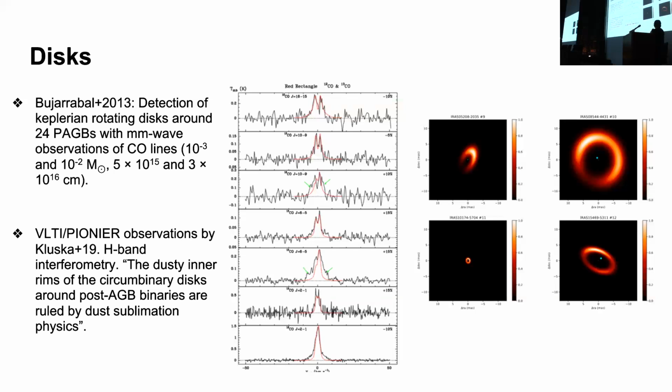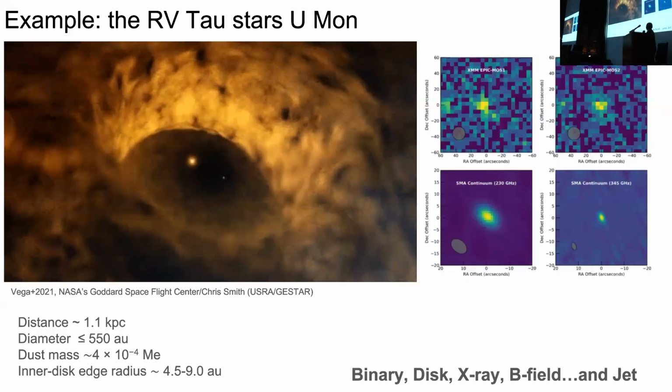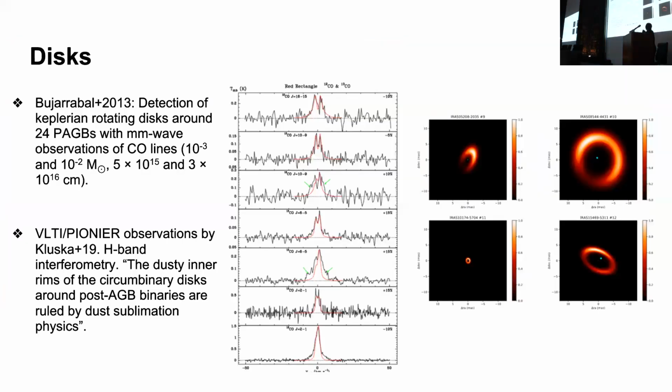Here you have all the different CO profiles. In red, you have the models, and in black, the observations. Each model is linked to a different type of Keplerian rotating disk.